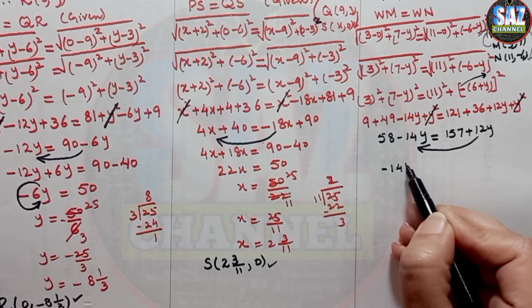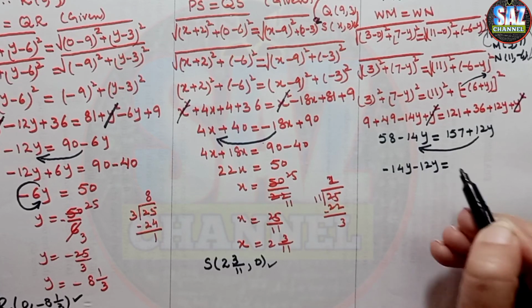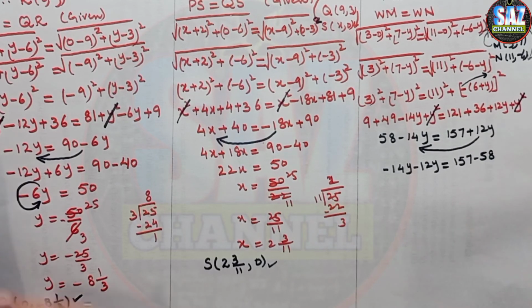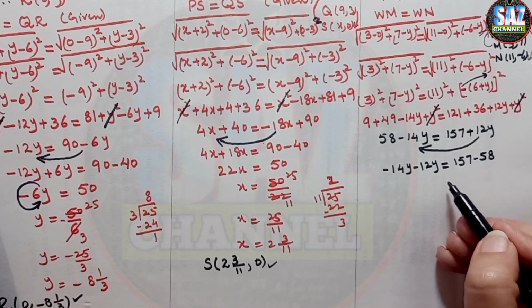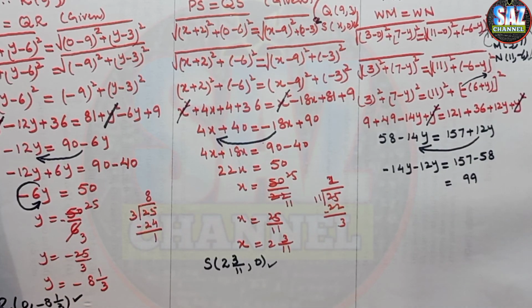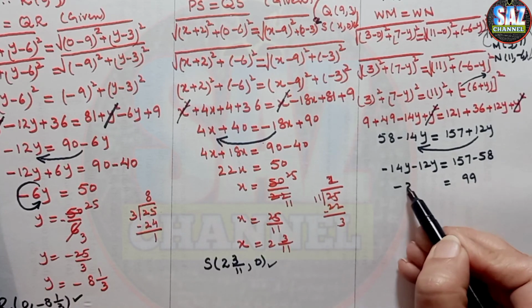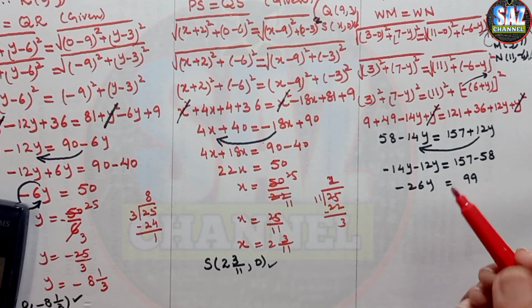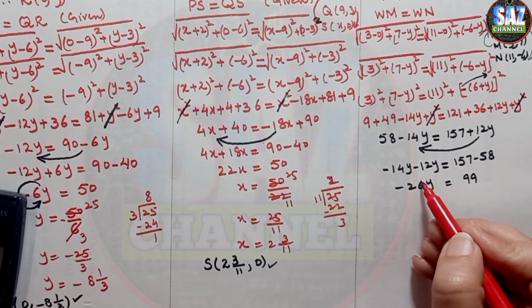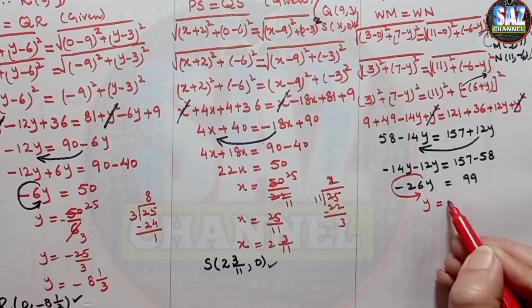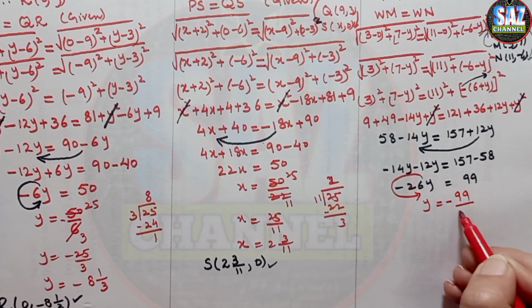Minus 14y minus 12y equals 157 minus 58, and this will give me 99, and 14 plus 12 is minus 26y. Now in order to get the value of y, we have to shift this 26 to the other side. So the equation will take the form y equals minus 99 by 26.